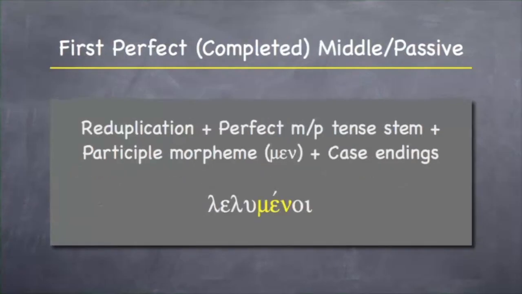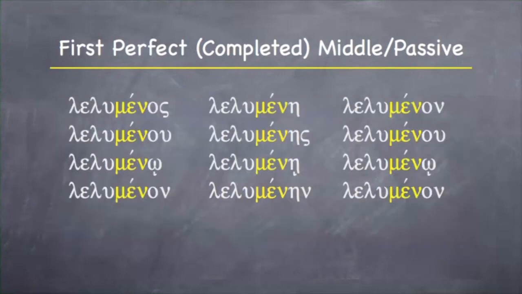You move into the middle passive, and it's reduplication plus the perfect middle passive tense stem. The participle morpheme, which is the one we've learned all along, it's men, and then case endings, and you get lelumenoi. Again, you see that the participle is pushed right up against the tense stem, but you're used to that in the perfect middle passive. No big deal, right? The paradigm is almost not worth showing you because it's so regular.